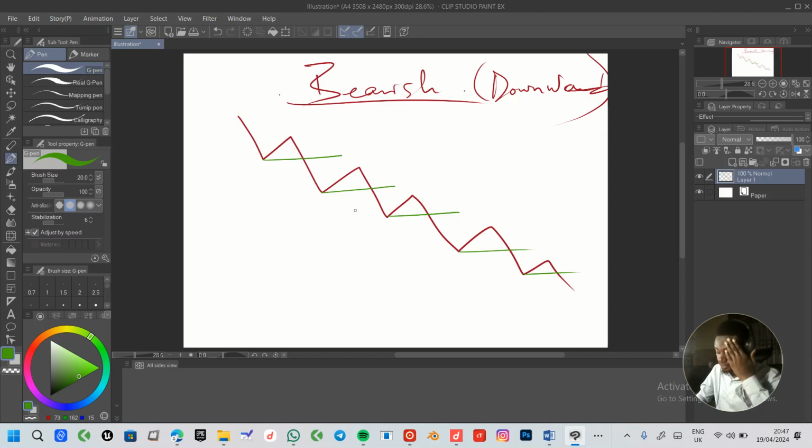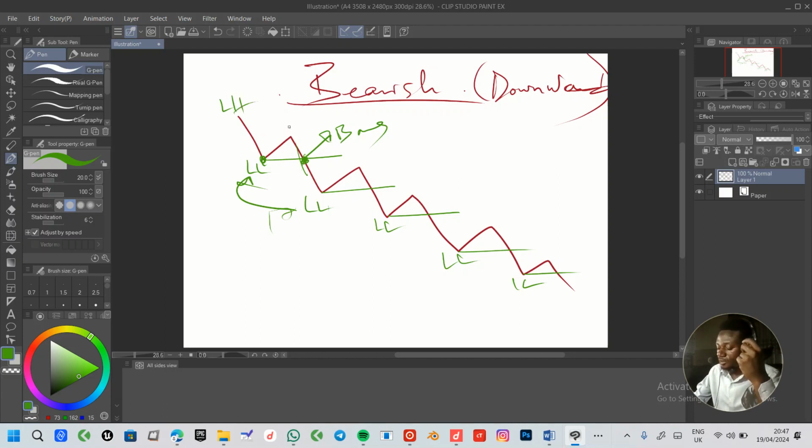So this is lower low, lower low. Each low that has been broken, see, this was the last low. It was broken here. So this is a low that is lower than this low. Same for here. Also lower high, the same thing.